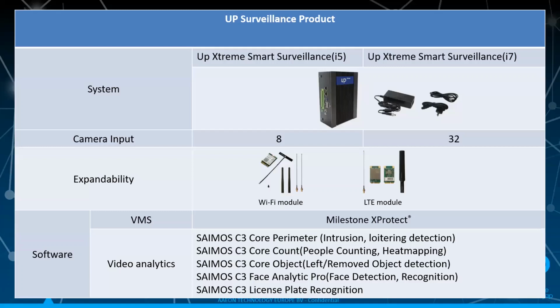Previously we talked about the importance of smart surveillance. Now we start from the foundation, which is the hardware platform for surveillance solutions. Aaeon provides a wide range of products that can fulfill different kinds of project requirements. First is the Upxtreme Smart Surveillance, the joint project I mentioned in the beginning. It has two SKUs, which are Intel 8th generation Core i5 and i7 processors with different camera input. The i5 is 8 and the i7 is 32.